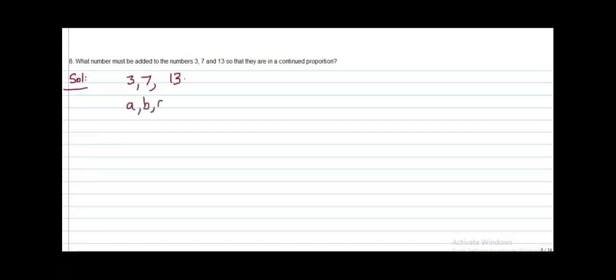Three quantities A, B and C are in continuous proportion if A is to B is equal to B is to C, or B square is equal to AC, because product of means is equal to product of extremes. Here 3, 7 and 13 are not in continuous proportion, but we need to find out a number x such that 3 plus x, 7 plus x and 13 plus x are in continuous proportion.